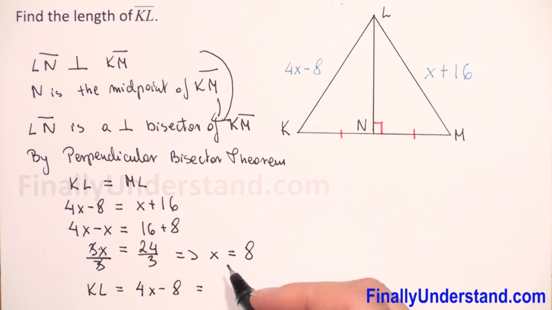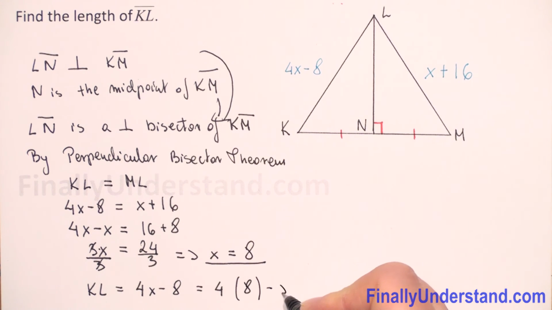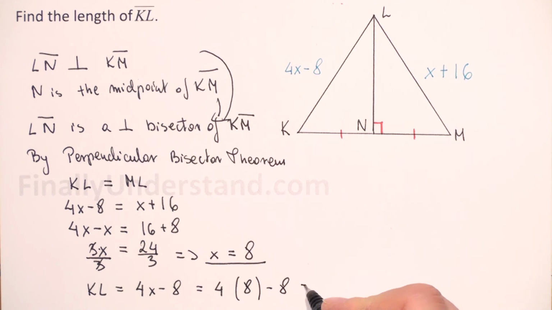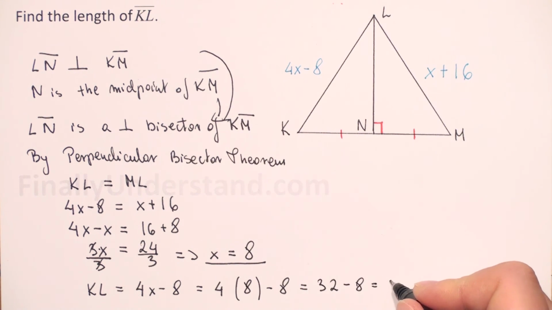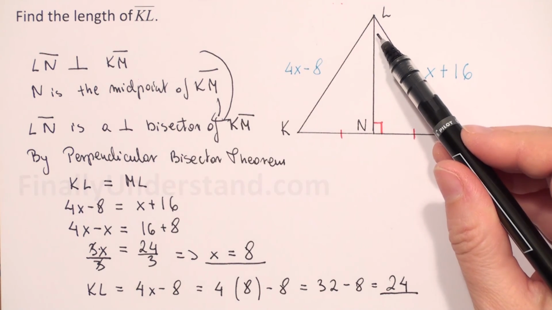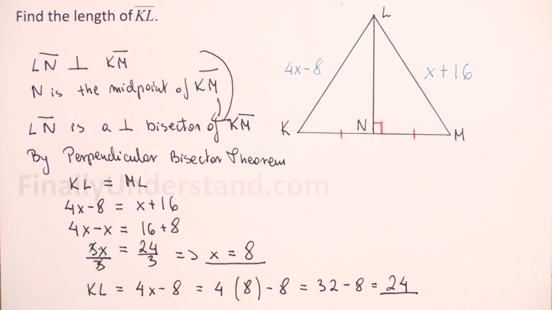So this is equal 4 we copy, x we will substitute by 8, minus 8. So this is equal 4 times 8 is 32 minus 8 is equal 24. So we have the length of segment KL. This is my solution.